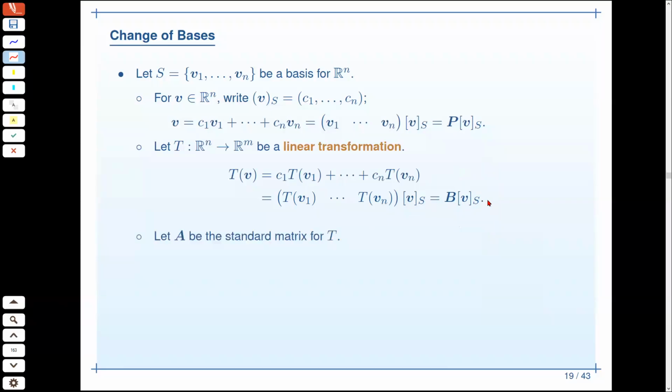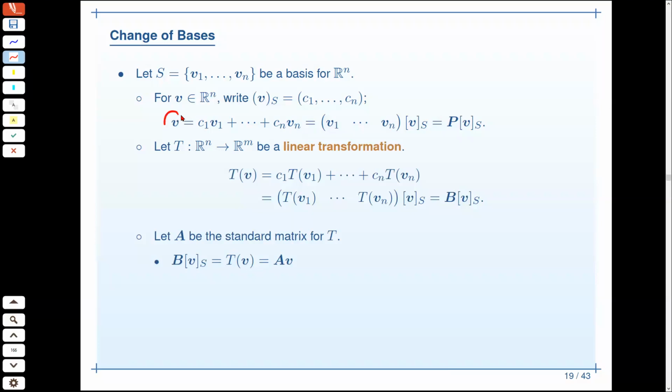But T is a linear transformation, so it must have a standard matrix A such that T(v) is Av. But just now we saw that T(v) equals B times the coordinate vector of v relative to S. How do we compare them?